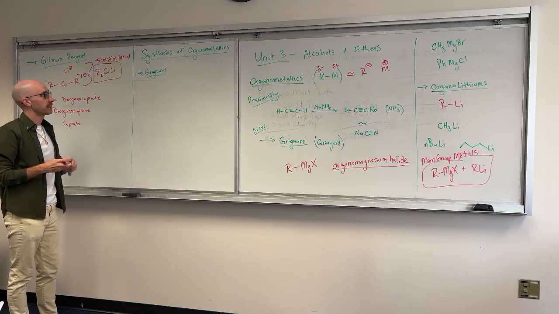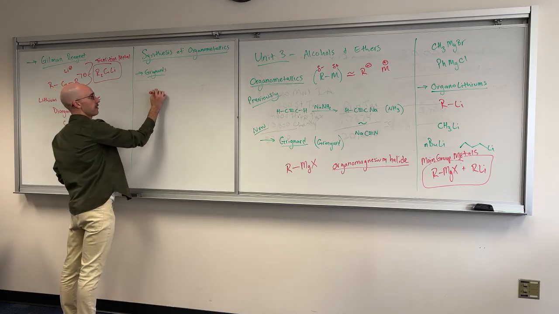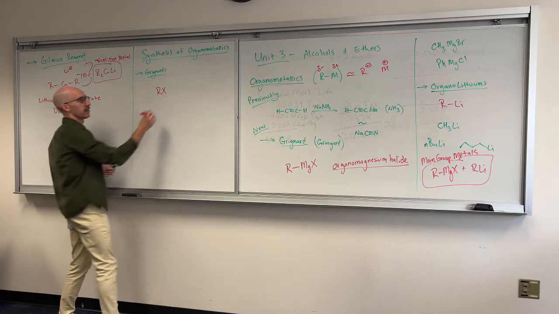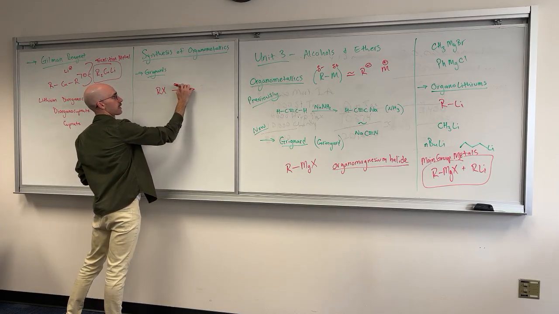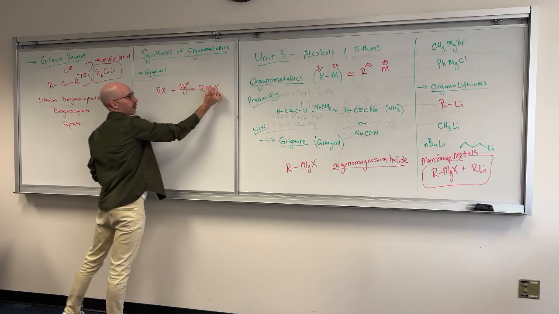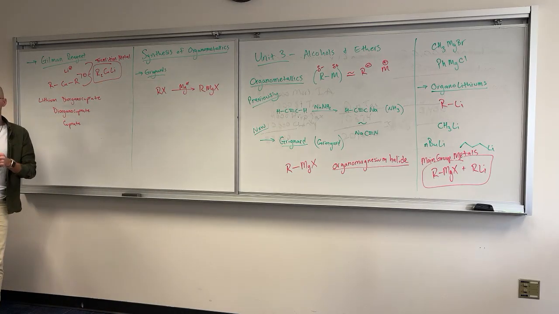The generic synthesis for the Grignard: alkyl halide reacts with magnesium to make organomagnesium halide.